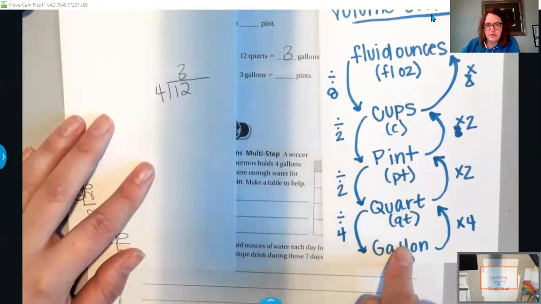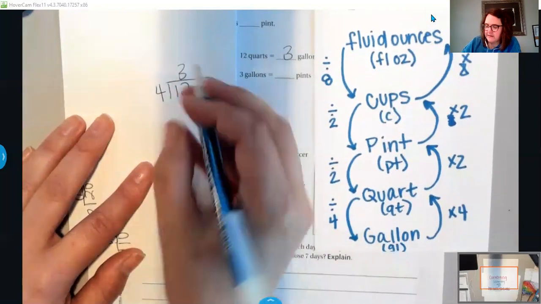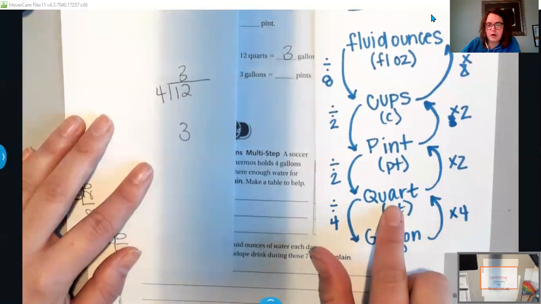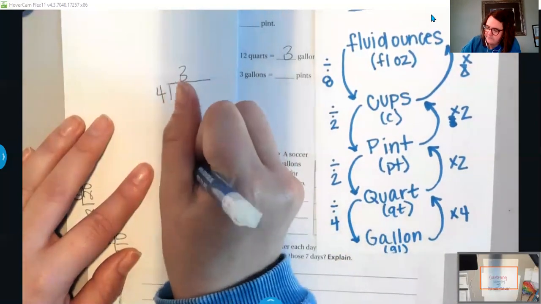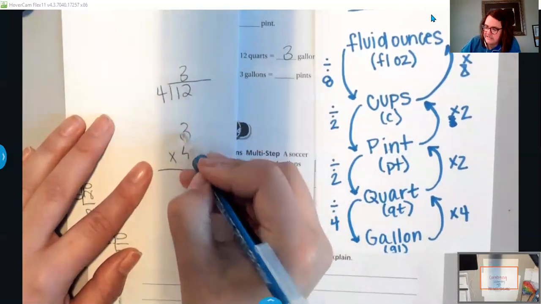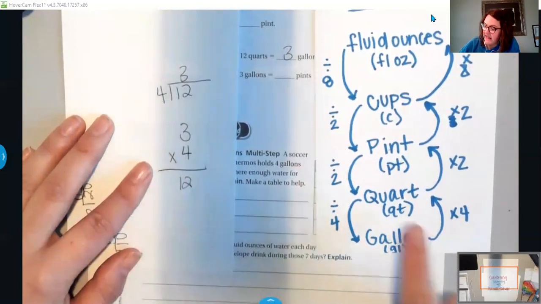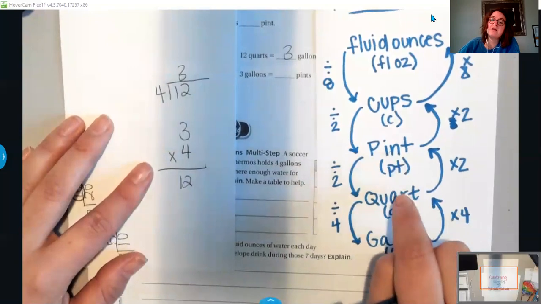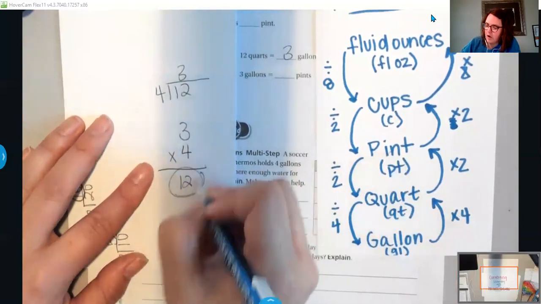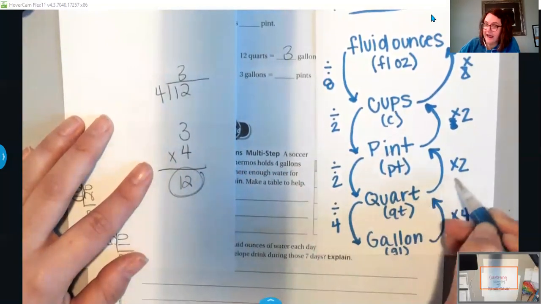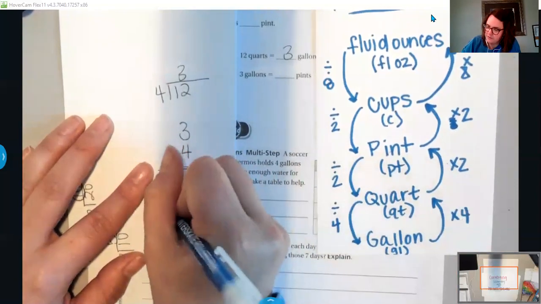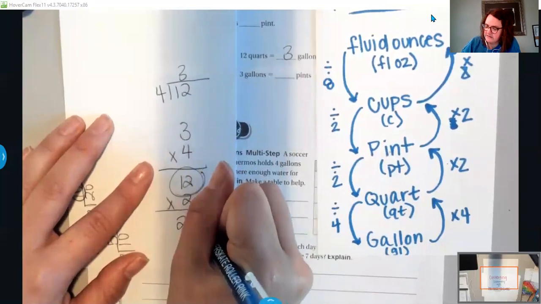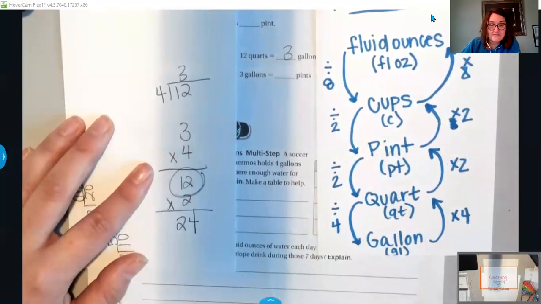So I'm going to take 3 gallons times 4. 3 times 4 is 12, and that gets us to quarts, but we're not quite done. We got to go to pints. And this is our new number. We're taking this now times 2. 12 times 2 is 24.